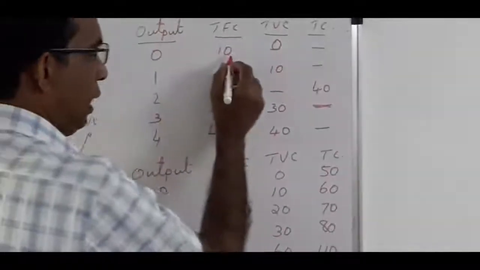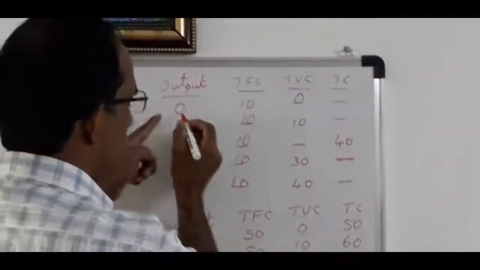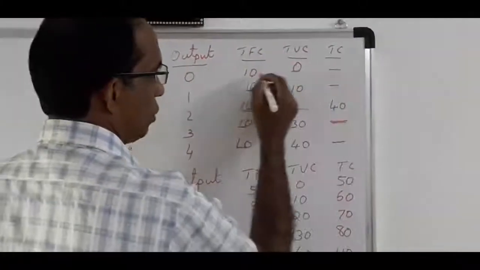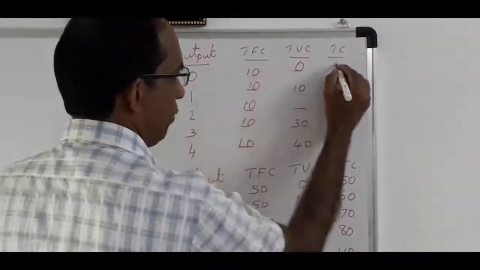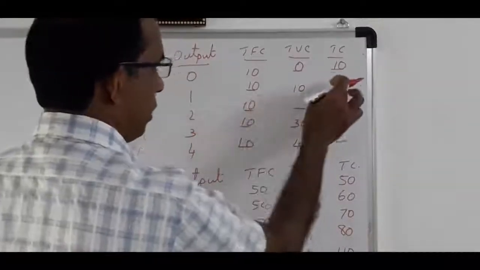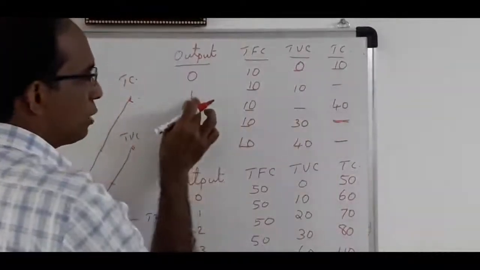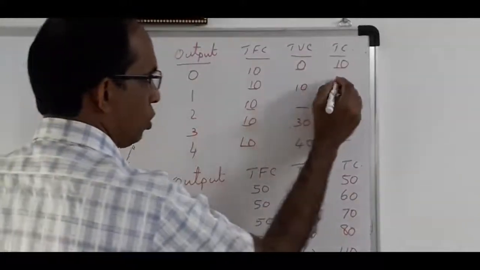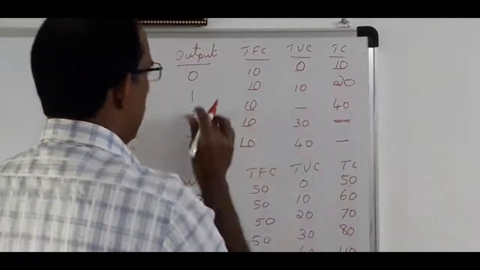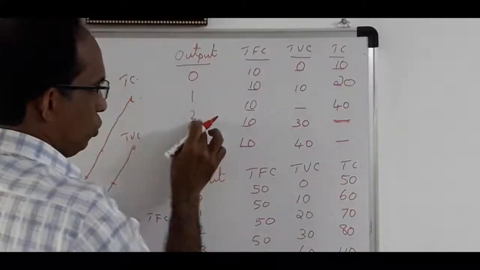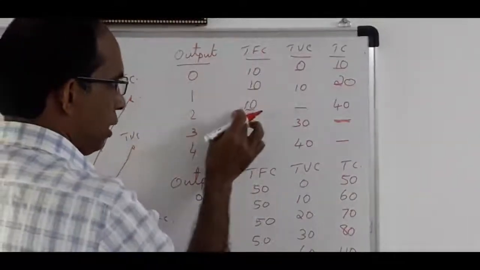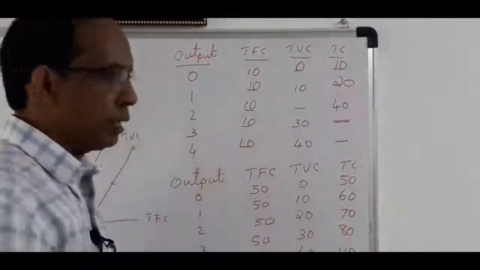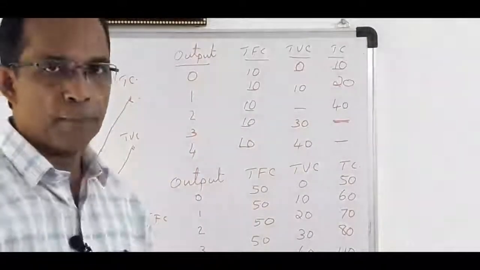Okay, now what is TC when output is 0? TC is equal to TFC plus TVC. So 10 plus 0, 10. Then what is TC when output is 1? TFC plus TVC, 10 plus 10, 20. When output is 2, TFC is 10 and TC is 40. Then how can we calculate TVC?